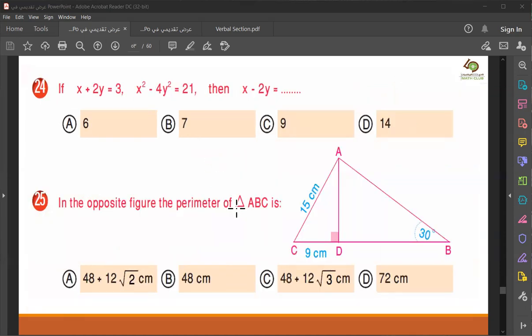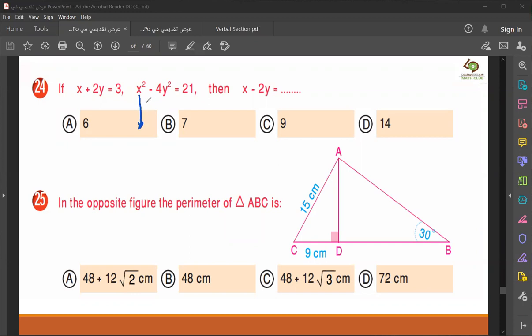Okay, the last two questions here. If x plus 2y equals 3, and x squared minus 4y squared equals 21, then x minus 2y, what is it? Can you think how I solve this problem? Can you think, my student? You see here, when you see squares, look, my student, I give you now special information.